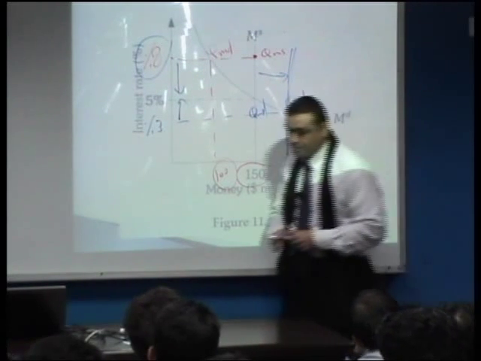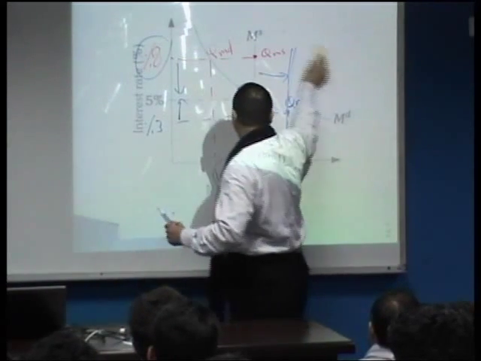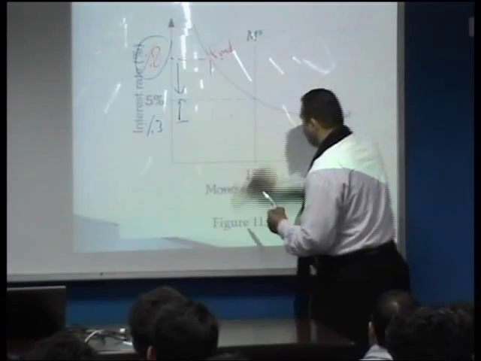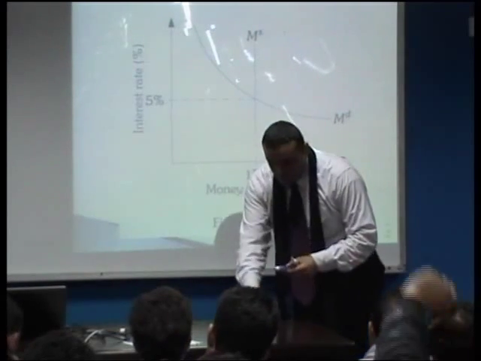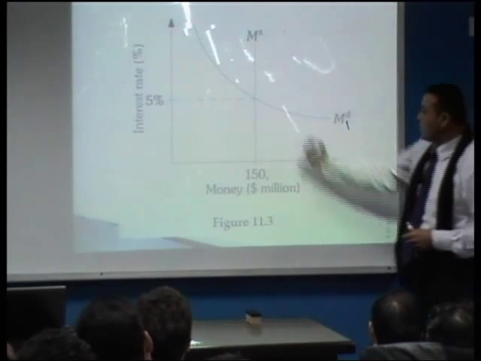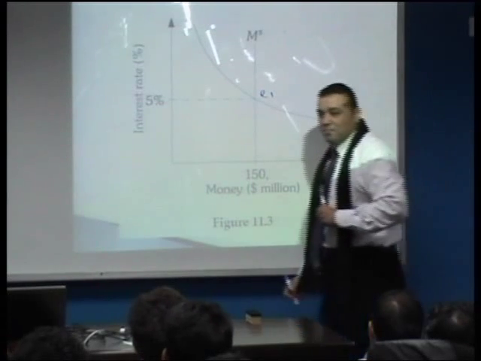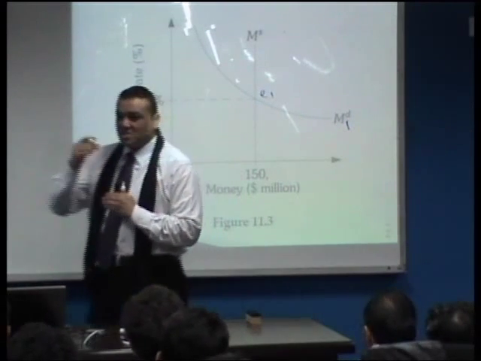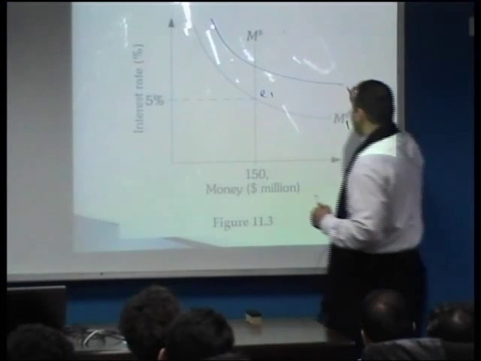What about if there is a shift in the money demand curve? As you see, this is the original money demand curve, MD1. Suppose the money demand curve shifts to the right, to MD2. What would happen to the equilibrium interest rate?